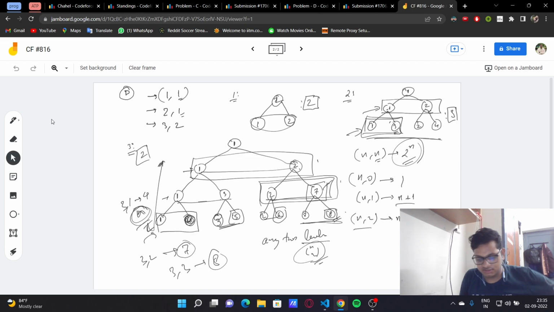And as you can see, this method can be generalized up to k, and you'll notice that the answer for say n comma k will be 1 plus n plus NC2 plus so on till NCk. This can be proved via induction, or you can just take it for granted for now.